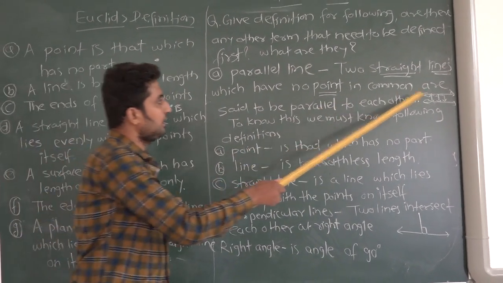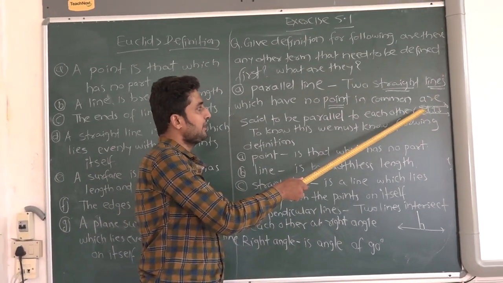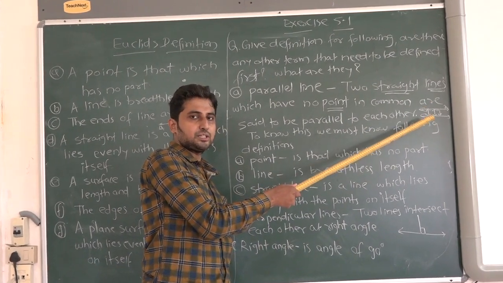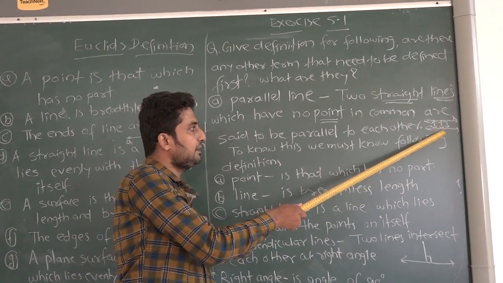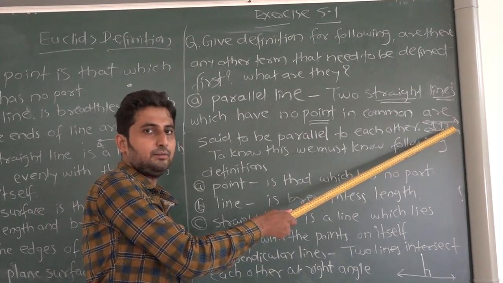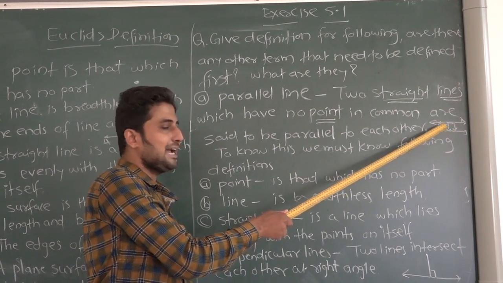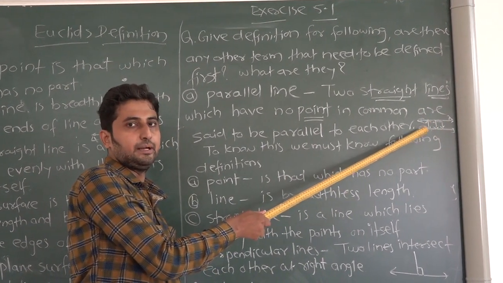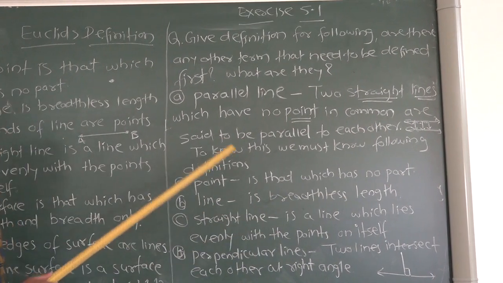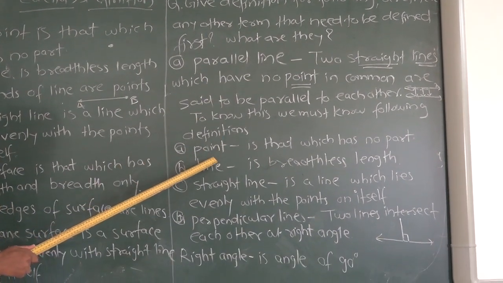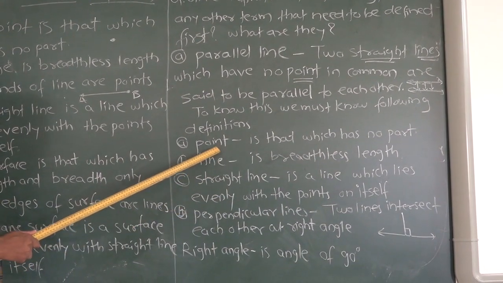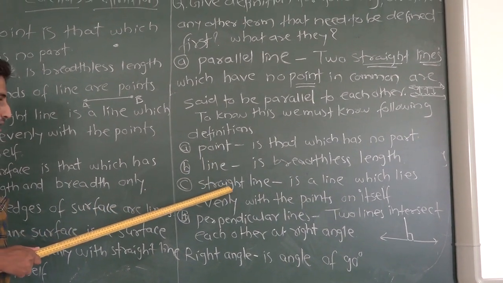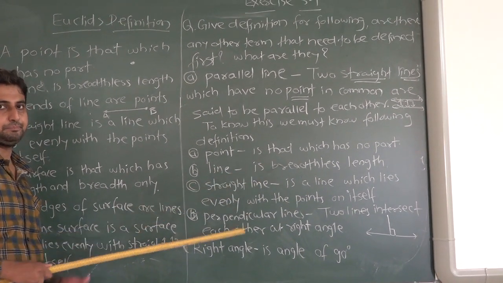Here it is clearly seen that these two lines are parallel to each other, the distance between them is the same and maintained properly, and they have no common point. So for parallel lines we must know these three definitions, namely point, line and straight line.